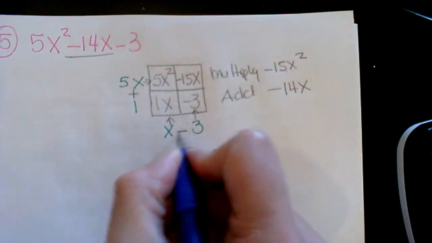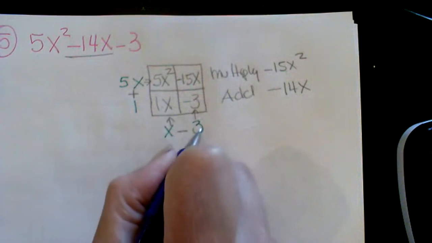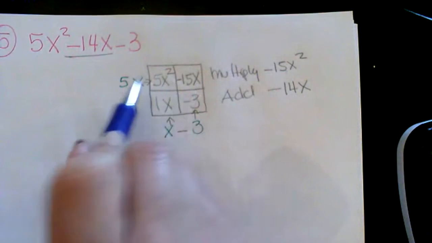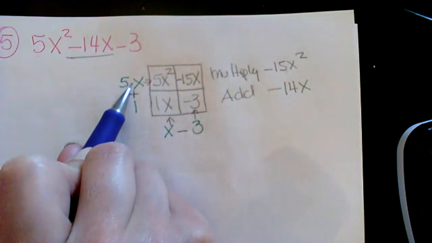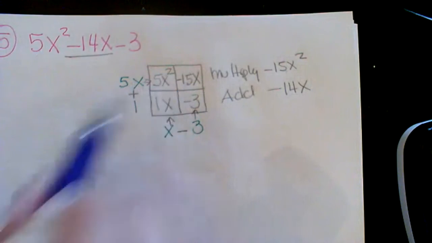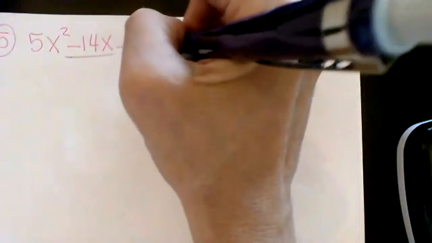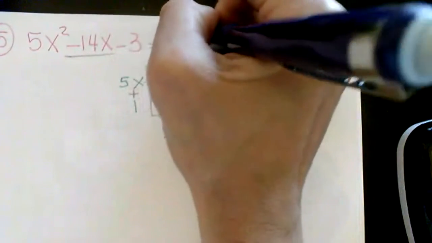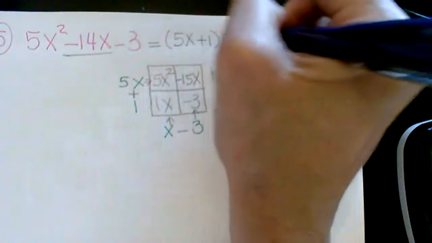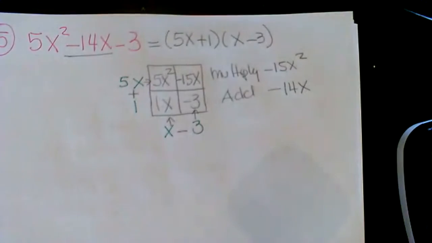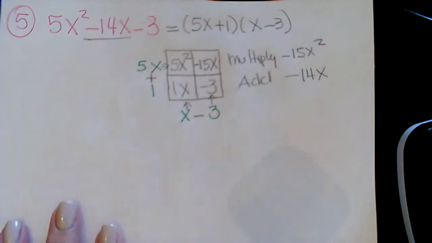So this one needs to be negative. If I multiply negative 3 times positive 5x, that's how I get the negative 15x. So my two terms are going to be x plus 1 and x minus 3. Okay?